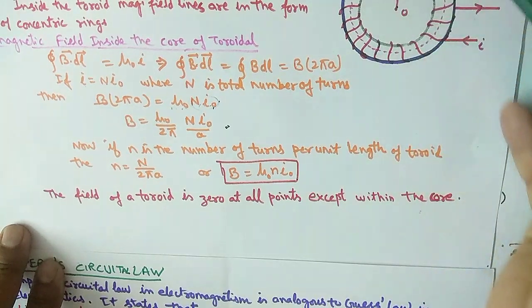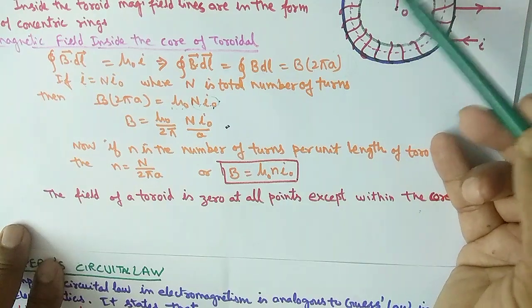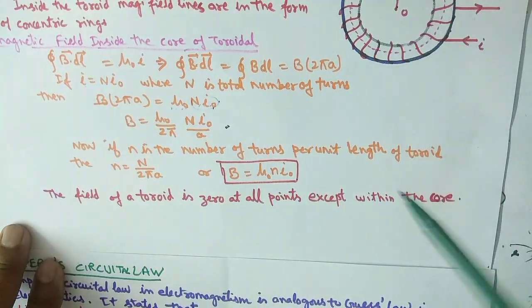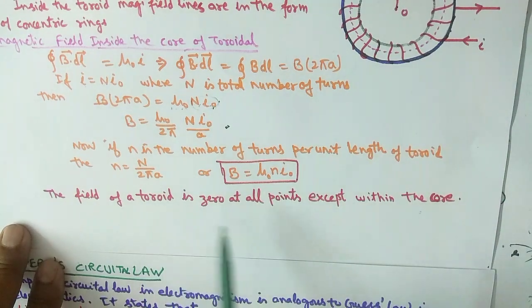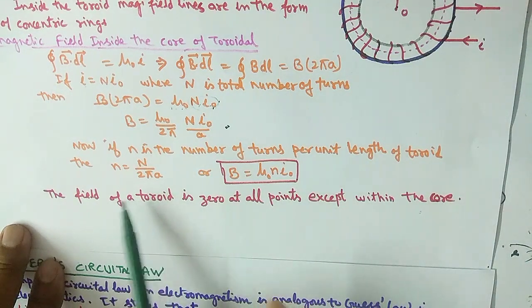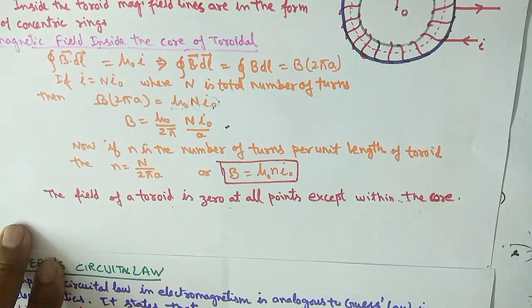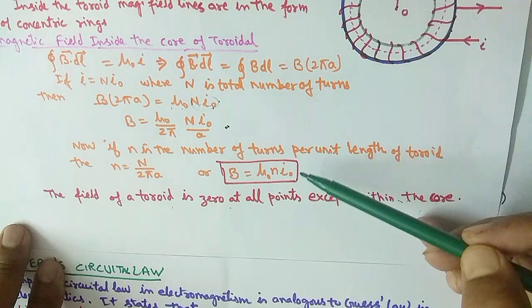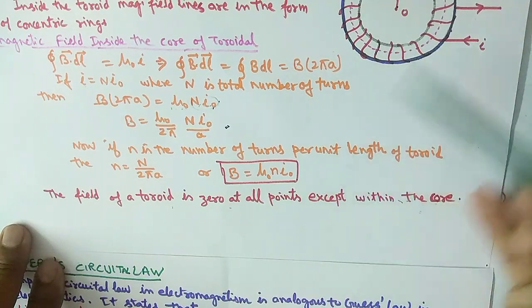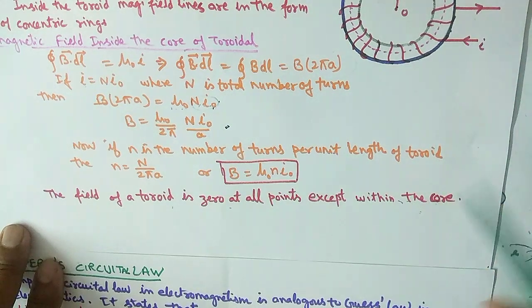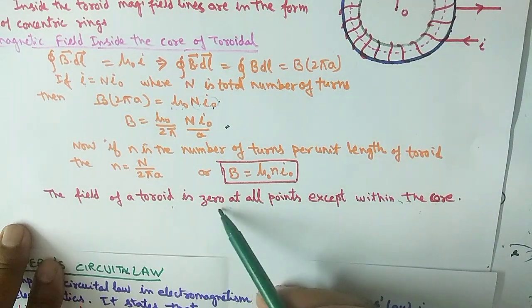Within the core, the magnetic field is given by this value. Otherwise, the magnetic field due to the toroid is always zero. Remember this point.